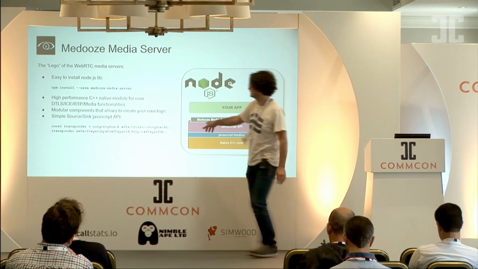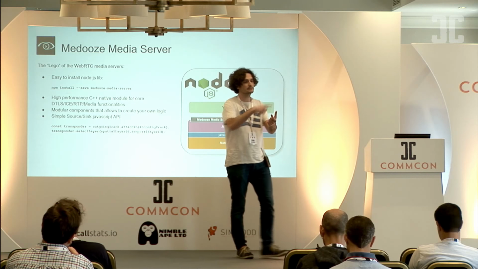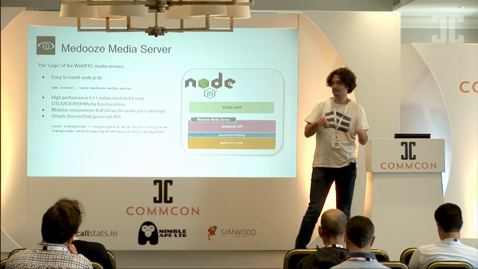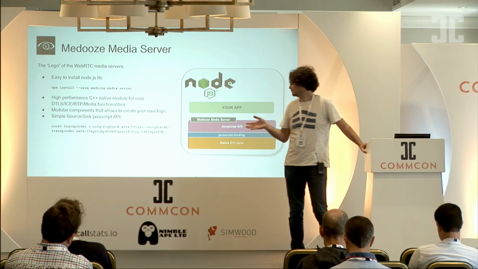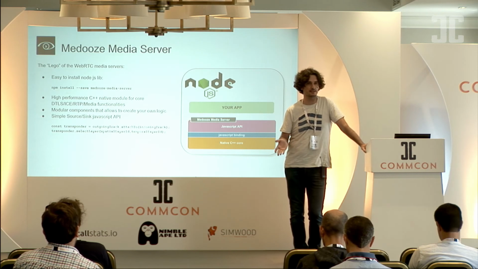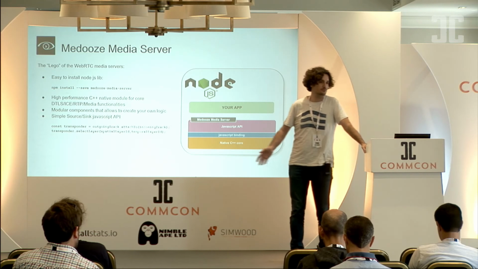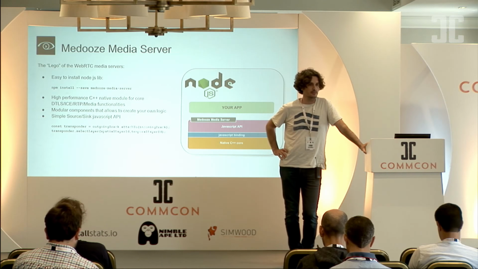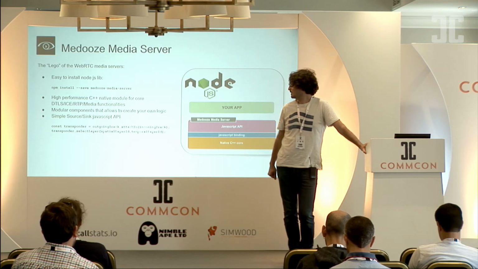When you attach them, you get a transponder object, which is the one that is going to pass the RTP packets inside of the C++ core from the incoming track to the outgoing track, and do some kind of transformation inside. For example, selecting the spatial layer or the temporal layer, or switching simulcast encoding. So this will allow you to have small bricks that you can use to create your app.